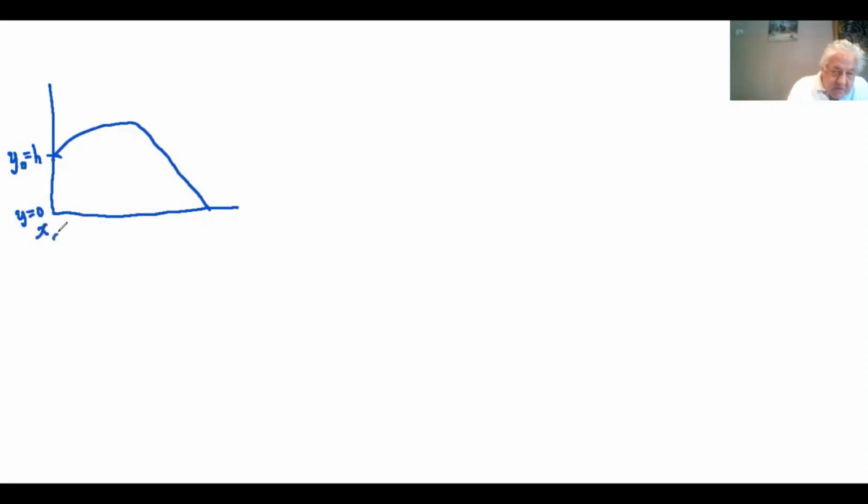So x0 is 0. I'm going to choose x0 to be 0. And this is my y-axis, plus y, plus x. With this orientation, g is negative. I'm going to use a positive value for the letter g, but when we substitute for the value of the acceleration, we put the negative sign in.